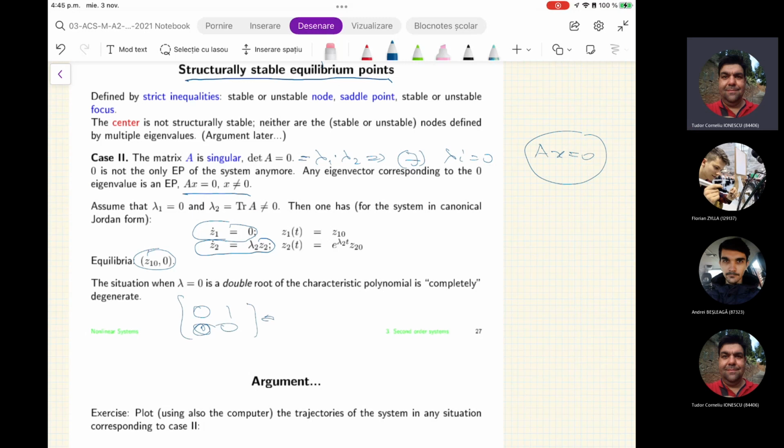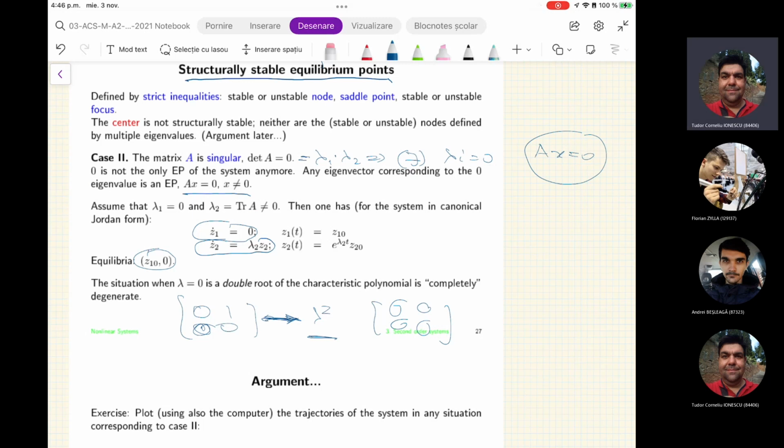Because this is essentially lambda squared; the characteristic polynomial is lambda squared here. So this is rather okay, although this is also in the limit okay. But you may also have this degenerate situation. This is completely degenerate.